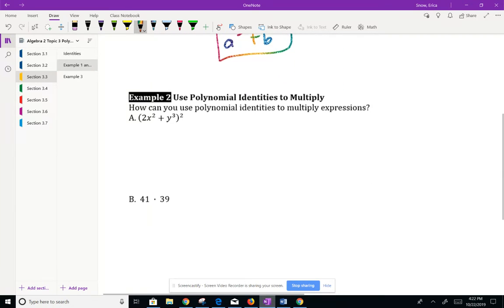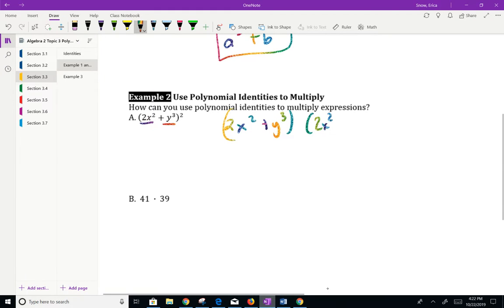Now, how can we use polynomial identities to multiply? Here we have 2x squared plus y cubed, all squared. Well, you could write this out as 2x squared plus y cubed times 2x squared plus y cubed, and then FOIL.